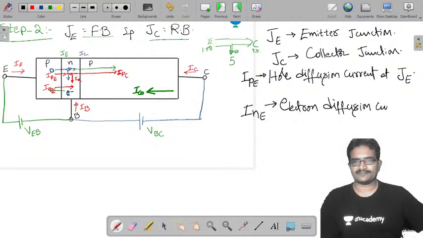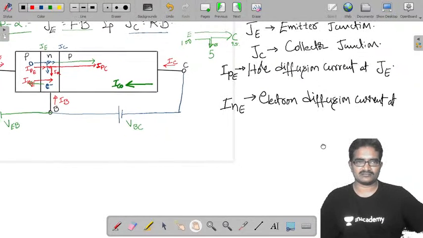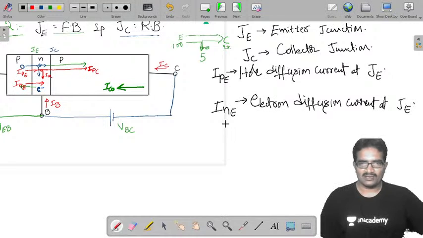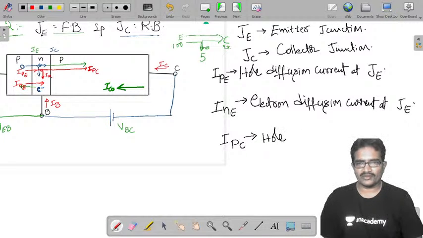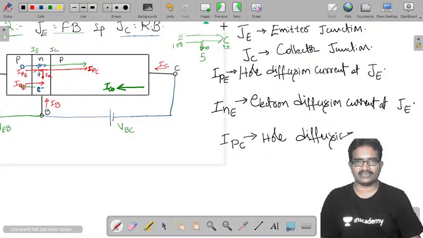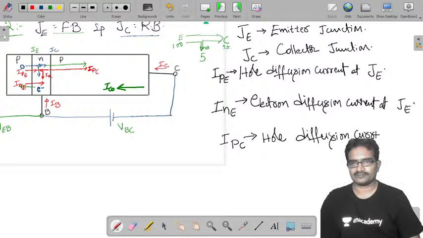Next, IPC, whole diffusion current at collector junction JC.